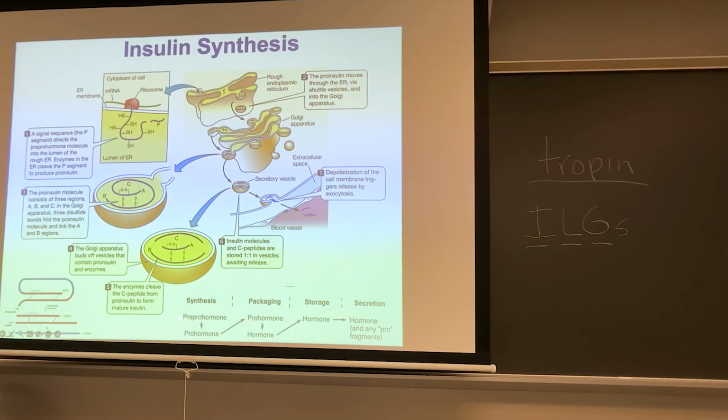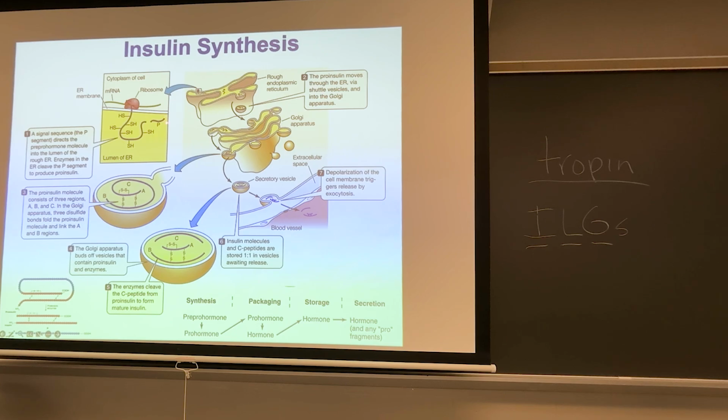And so the pre-pro hormone is the entire polypeptide that comes off, that has a little sequence on its edge, or the first, let's say, 8 or 10 amino acids are called the signal sequence. All right, and that's what that P stands for right there, the signal sequence.